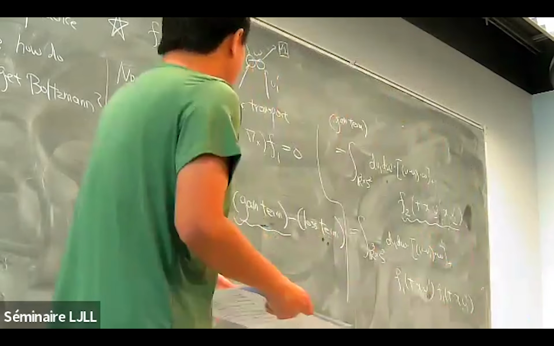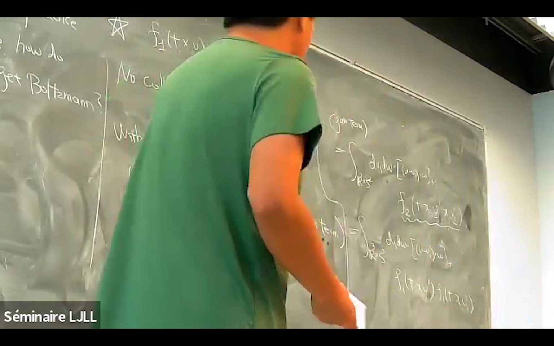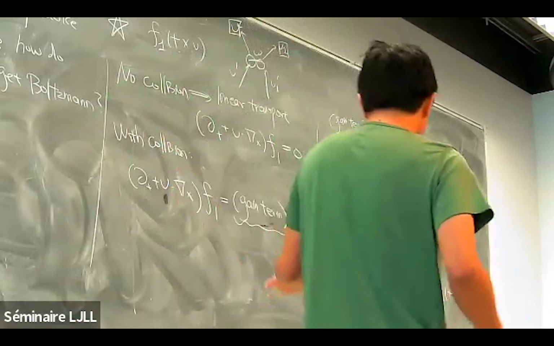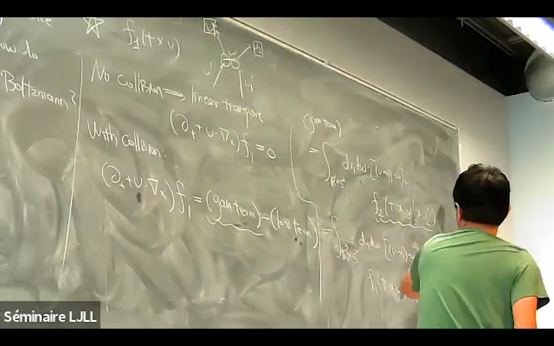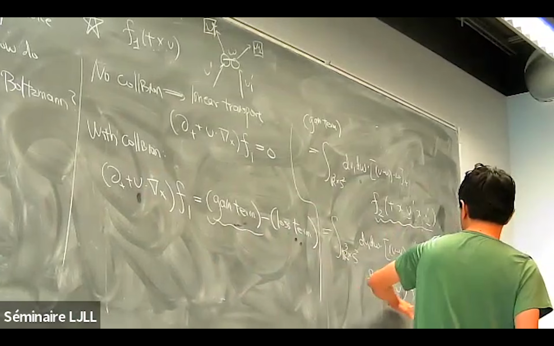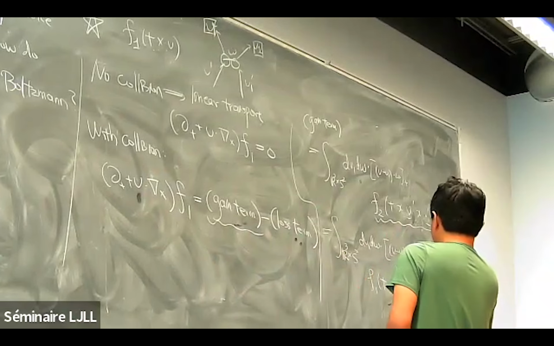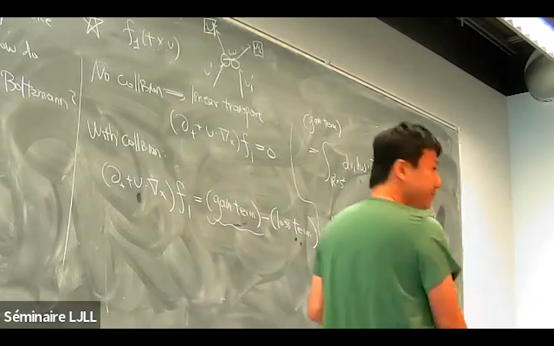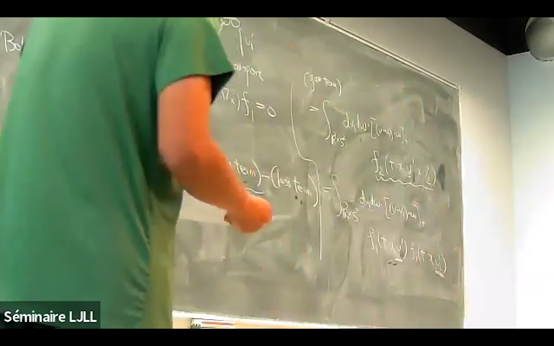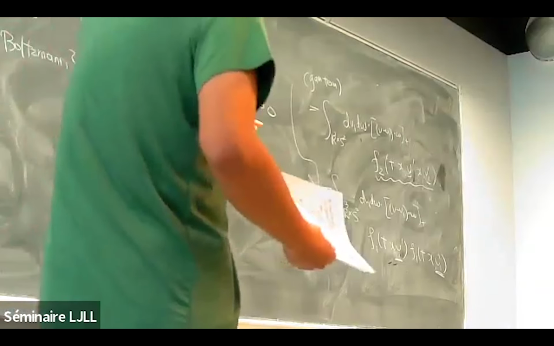This is exactly the gain term in the Boltzmann collision operator in the hard sphere case. The hard sphere case corresponds to this weight. Otherwise you have this v prime and v1. So this is a simple argument, and of course the last term is the same.